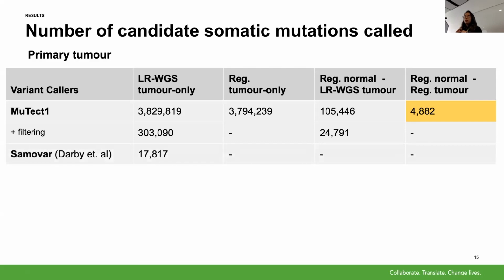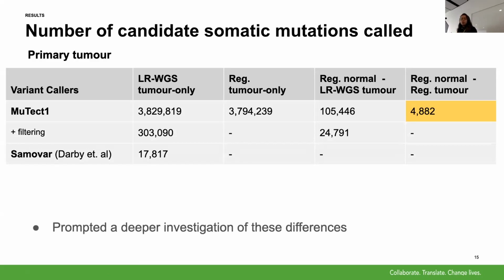Our recent group actually built a machine learning model that does exactly what we want, linked reads, tumor-only calling. And we got about 17,000 calls from that, but it's still incomparable to what we want, which is 4.8. Okay. So this prompted a deeper investigation of these differences because we're still trying to understand why there's so many more false positives in the linked reads.